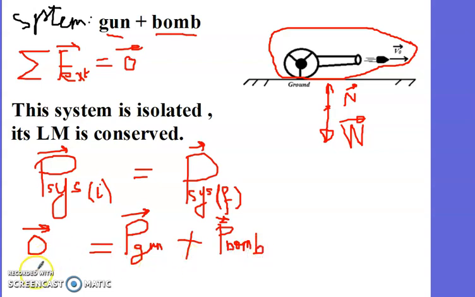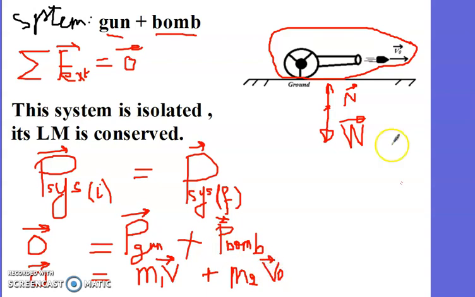Good. So here 0 equals the linear momentum according to the rule: this is M1 V, and this is M2 V0. And don't forget, this is a vector equation, not scalar. Don't forget the vectors.